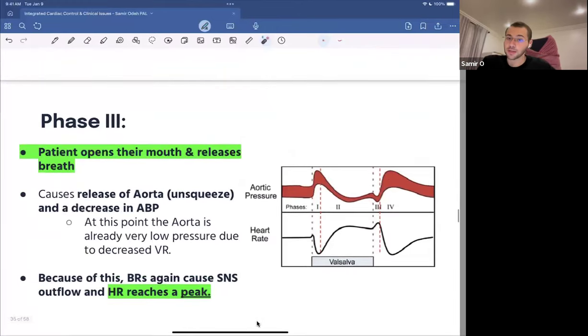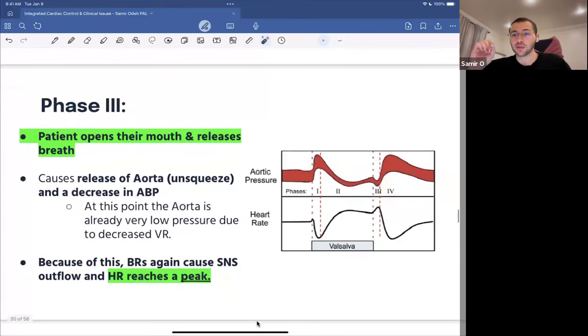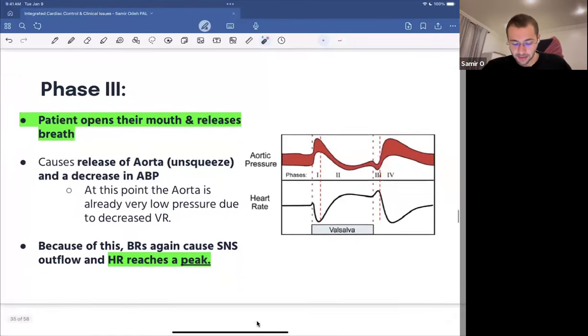Now, phase three is when the patient exhales. So they finally open their mouth. What that does is it causes a very small dip. That dip is just caused by the aorta going from like this to this. So that decreases blood pressure quite quickly, which causes a transient increase in the baroreceptors. And this causes our first peak.